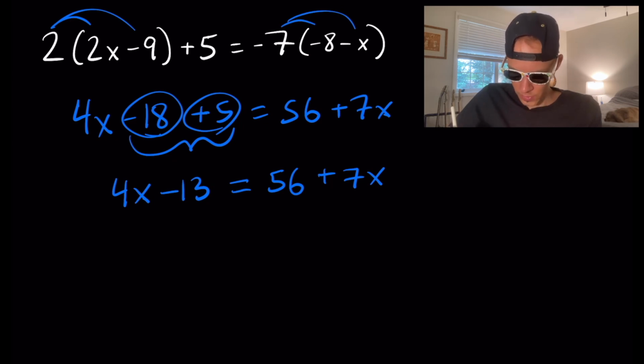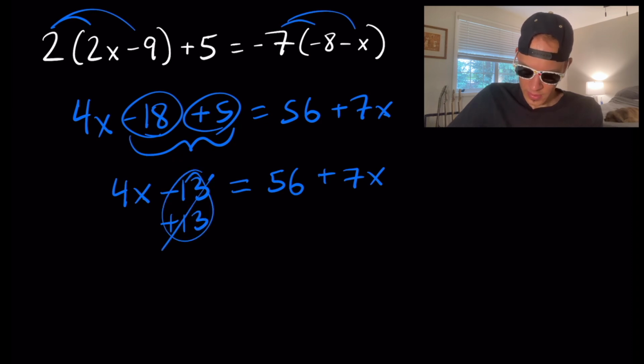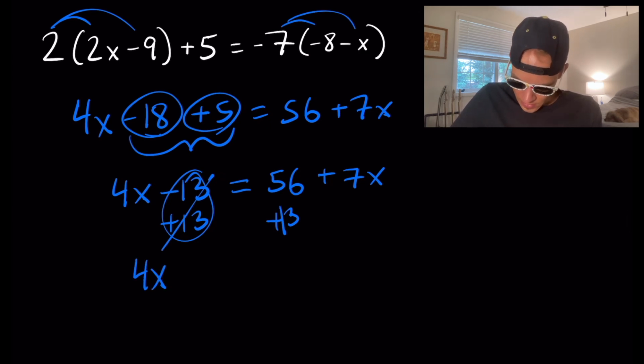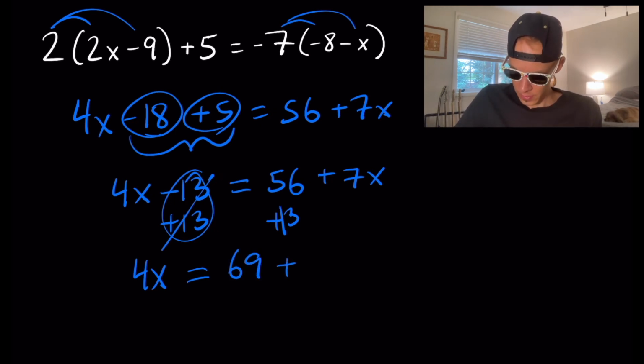Let's see what I want to do first. I'll add 13 to both sides to get the constant over here, plus 13. So I'll have 4x is equal to 56 plus 13 is 69 plus 7x.